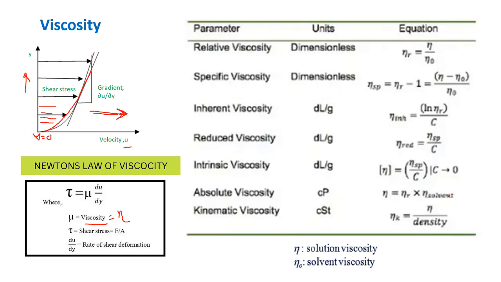Then absolute viscosity is the relative viscosity times the viscosity of the solvent, and kinematic viscosity is the dynamic viscosity divided by density. That is how we have different formulas for calculating viscosities.